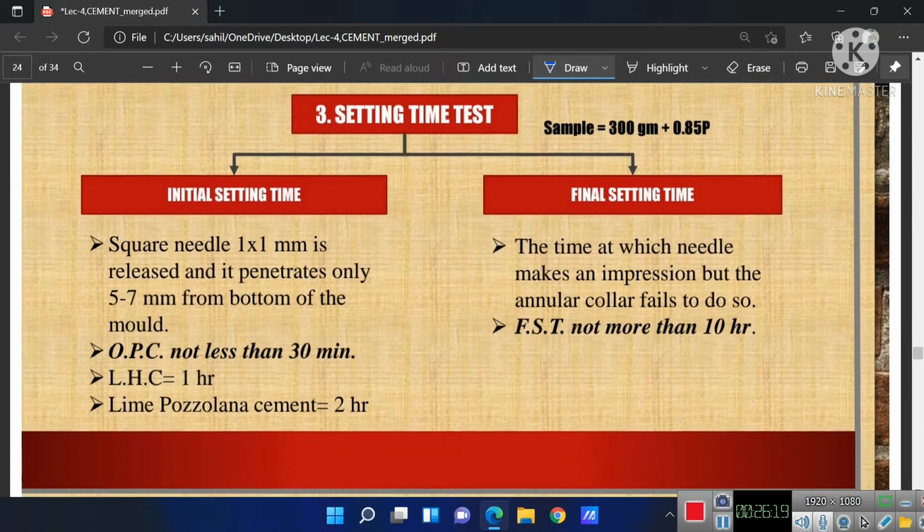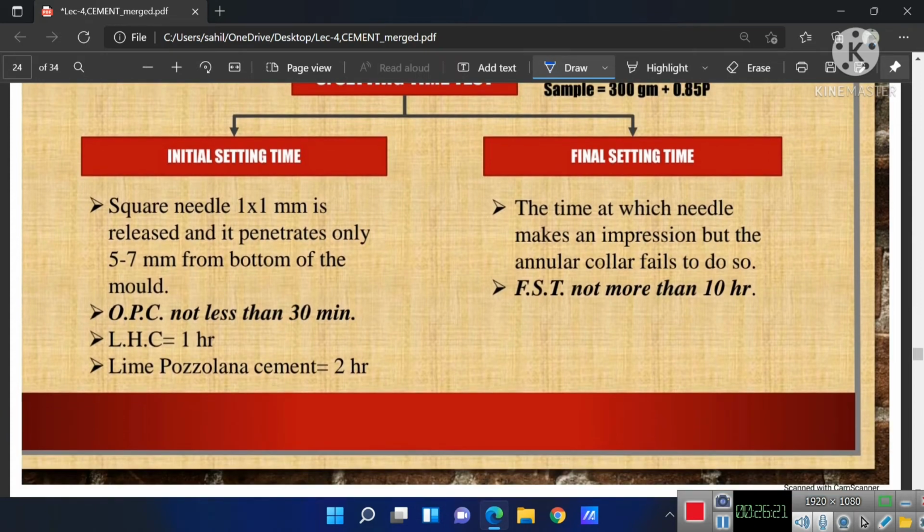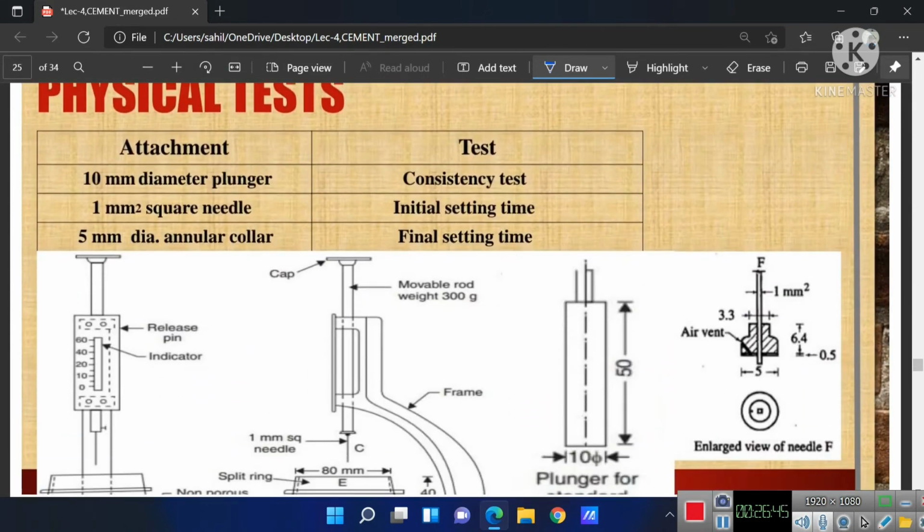In LHC it is equal to 1 hour. In lime pozzolana cement, 2 hours. In case of final setting time, it is the time at which the needle makes an impression but the annular collar fails to do so. Now FST, that is final setting time, must not be more than 10 hours.